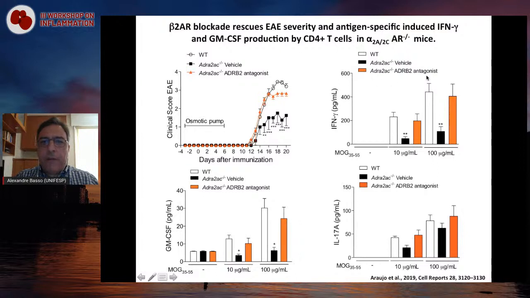And after the pharmacological blockade, those cells were producing GM-CSF and interferon gamma as much as did the cells coming from the wild type animals. And once again, we didn't find much of a difference in IL-17A production.